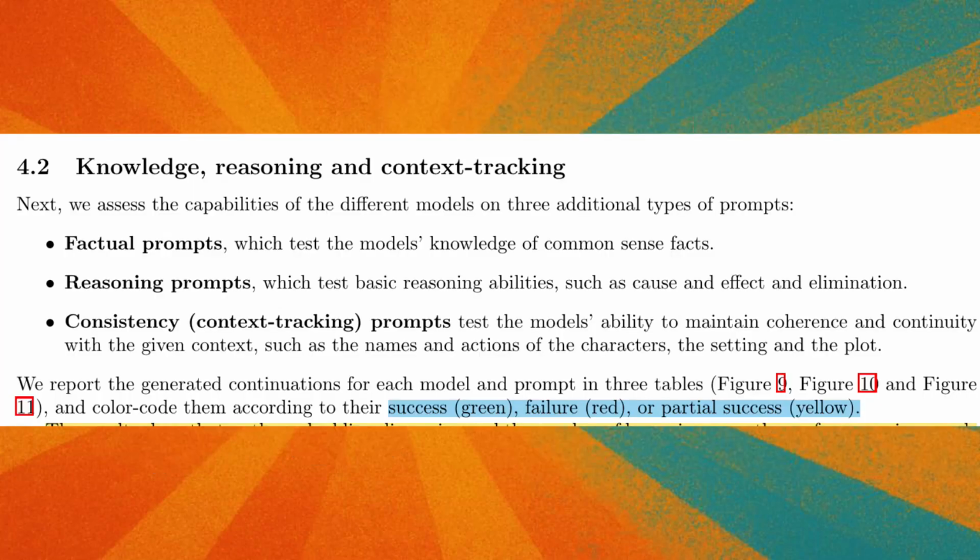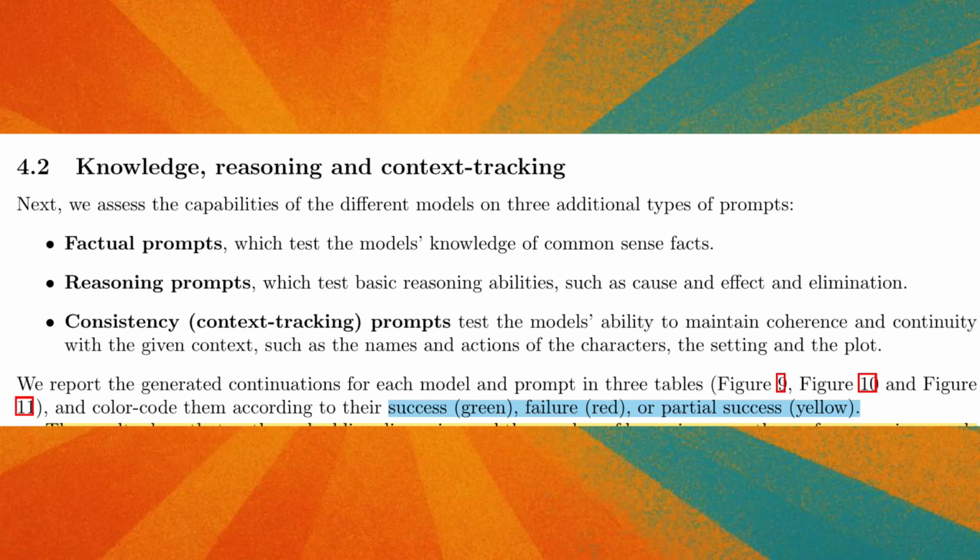So the most interesting prompts that I found in the Tiny Stories paper were the knowledge, reasoning, and context tracking section, 4.2. And it was the factual prompts and reasoning prompts in particular that I found to be the most interesting and fascinating, because those two, along with creativity, are emergent capabilities that we would expect larger models to exhibit, but are exhibited by smaller models.